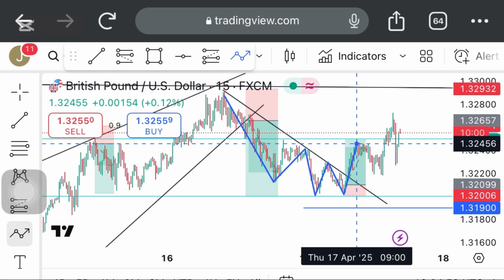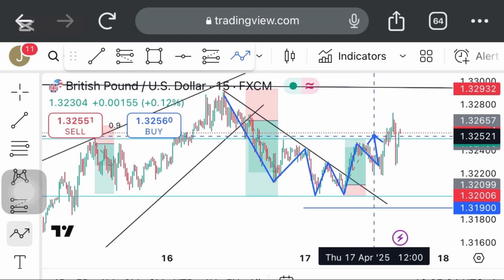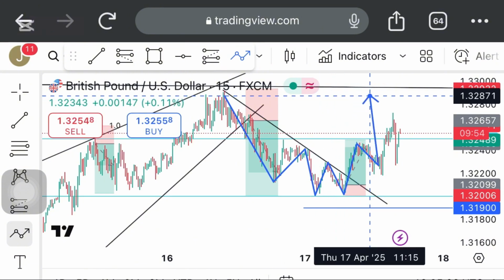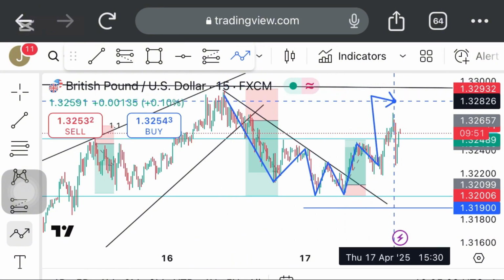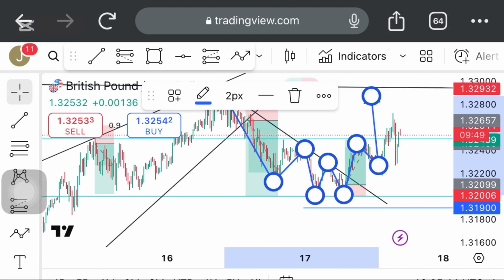Initially I was waiting to take my profit at this zone. This was where I was waiting to take my profit, but price makes some hesitation at this level.